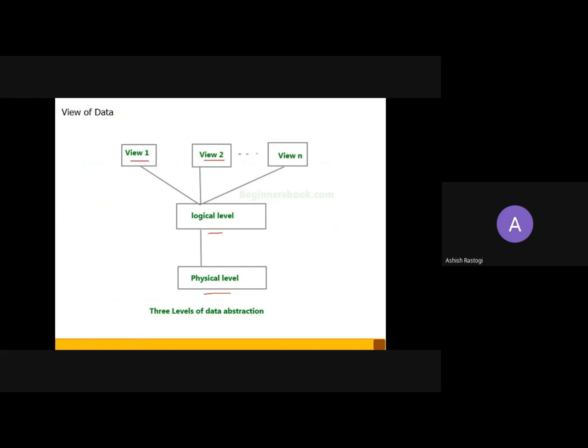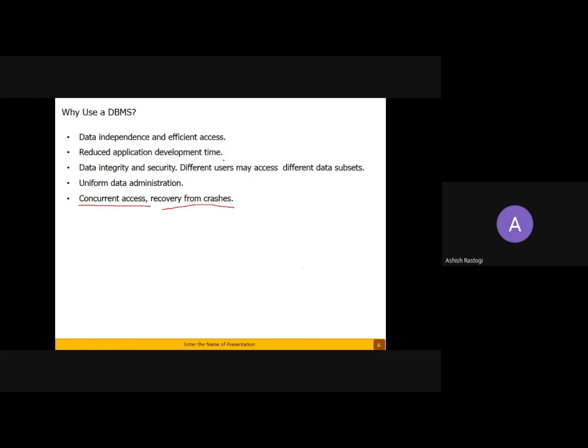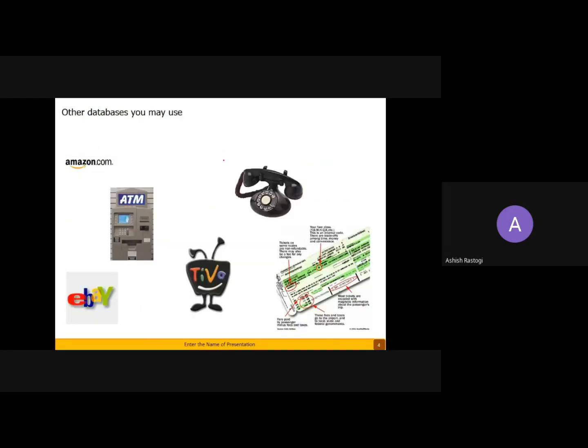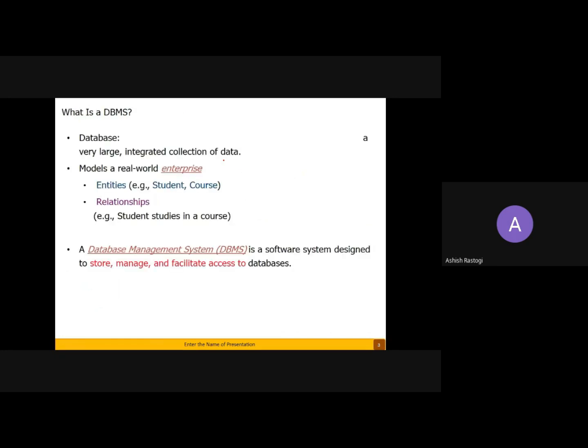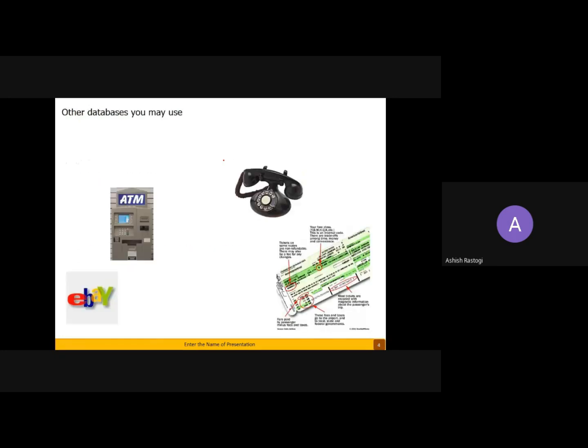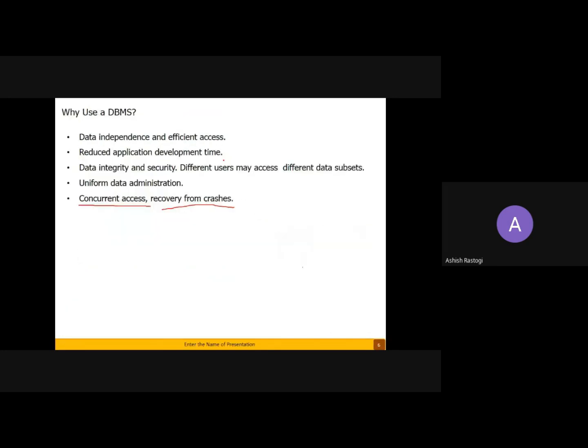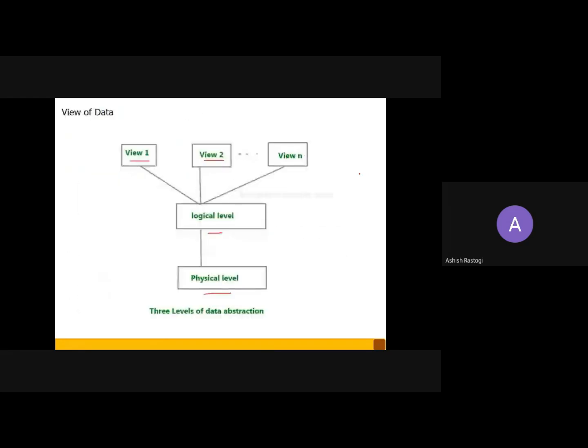I already told you that different users have different data subsets. Just a minute, I'll show you the line I described. This one: different users may access different data subsets. I hope you remember.